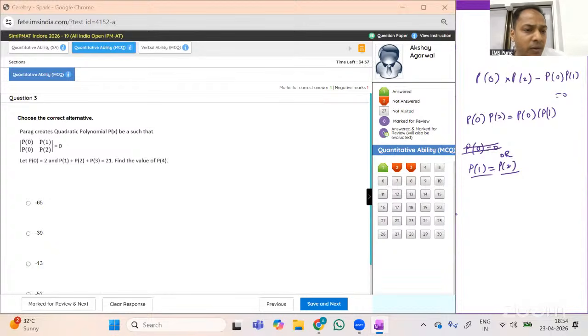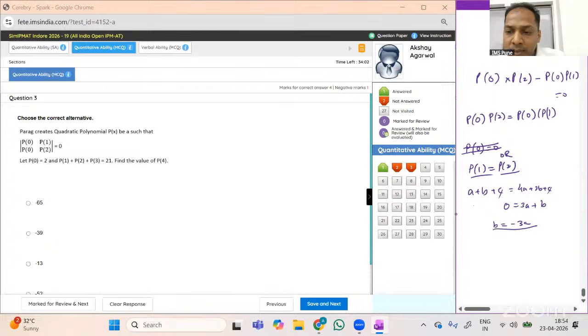And P of 3 is 21. Okay. A plus B plus C is equal to 4A plus 2B plus C. And therefore I'll get 3A plus B is equal to 0, or B is equal to minus 3A.